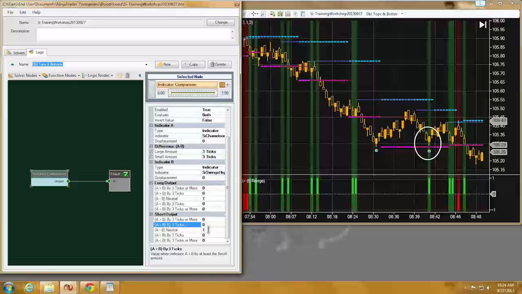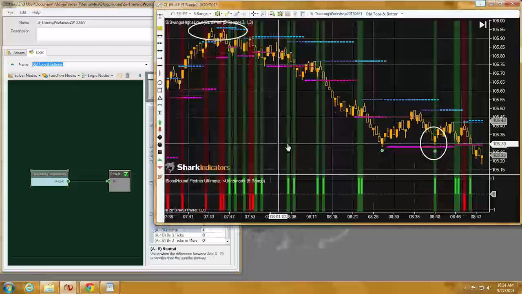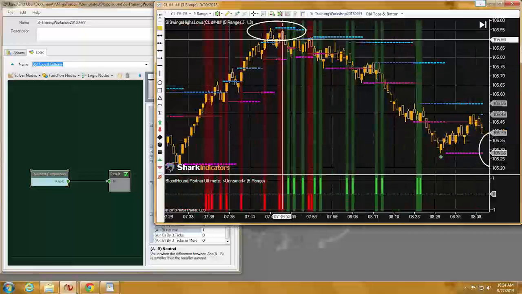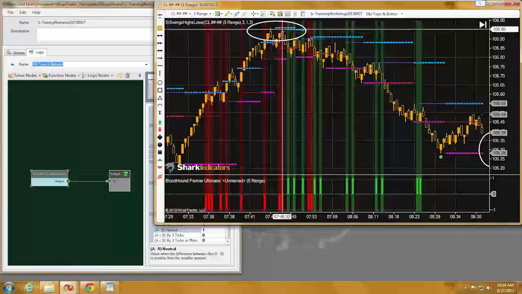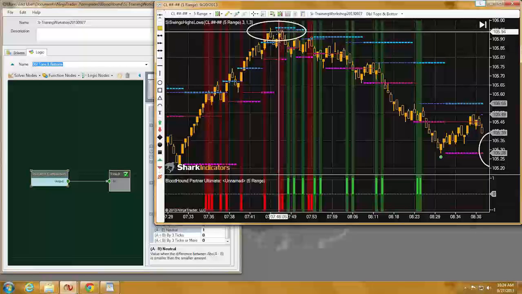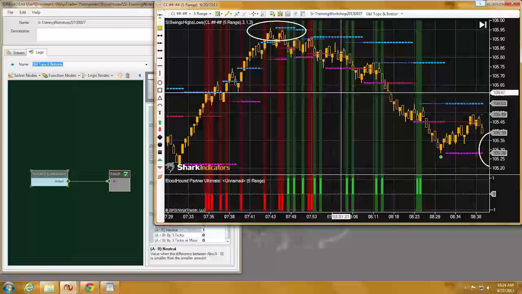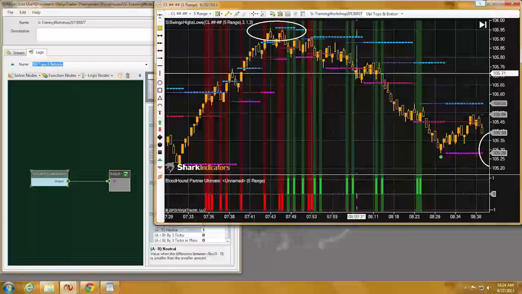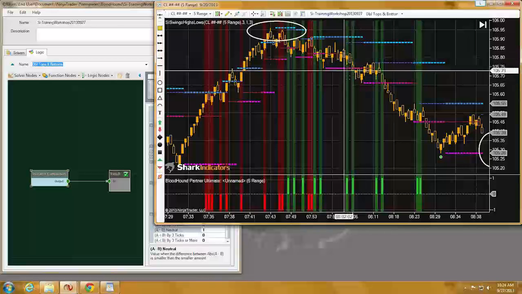And let me put the short output in there. And you can see yes, we do have a short output here where we want. And like I said, we're also getting a bunch of false signals as well.